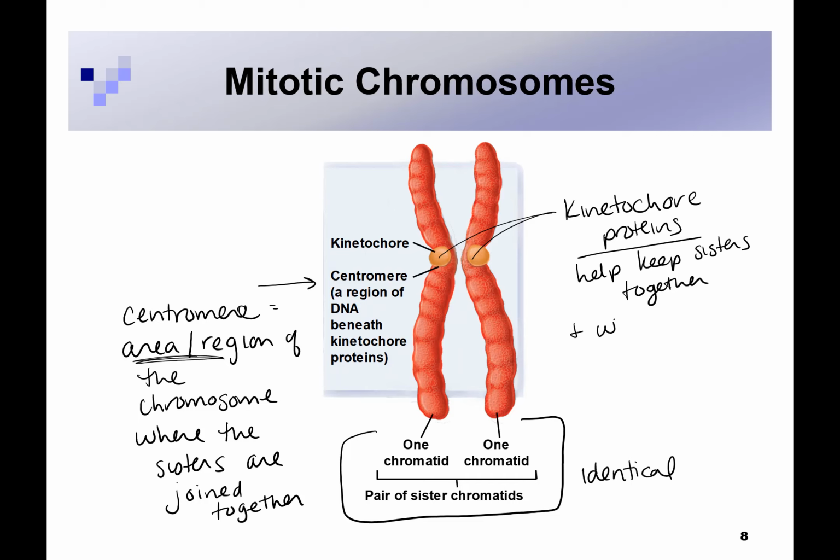And this is where spindle fibers, which we'll talk about in a minute, attach. So the kinetochore is a series of proteins that sits at that centromere region, allows the sister chromatids to keep together until cell division is ready, and it's where the spindle fibers attach.